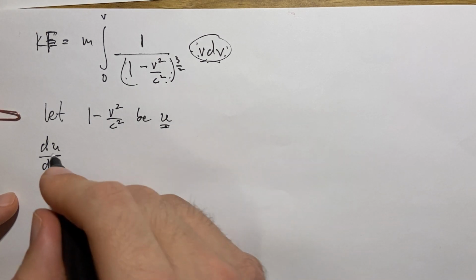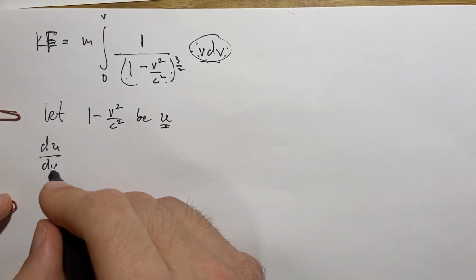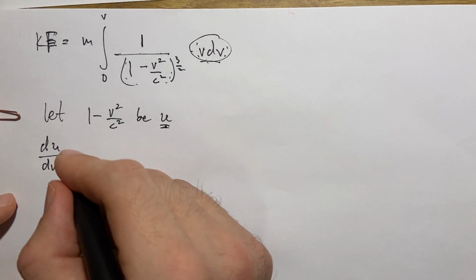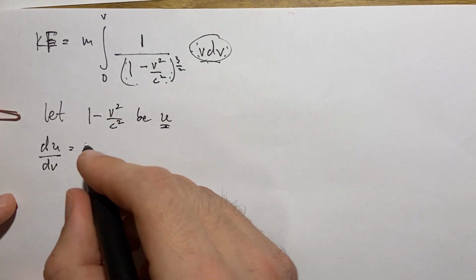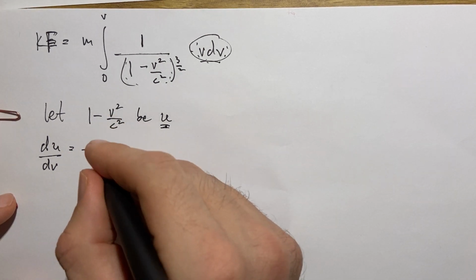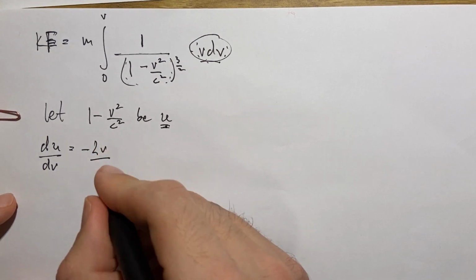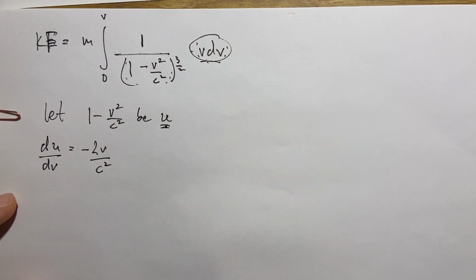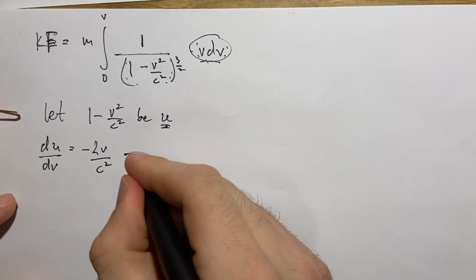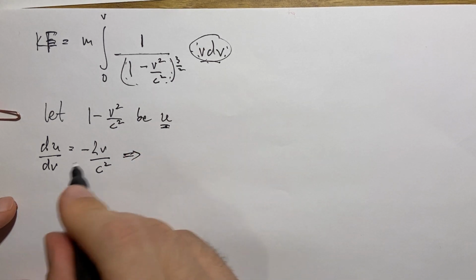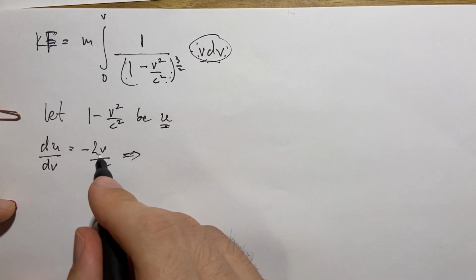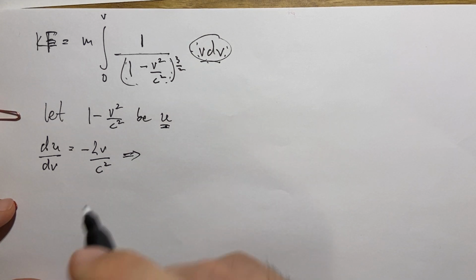All right, so what is du by dv? Well, the 1 is going away, so we will have minus 2v over c squared, right? And we can break out v dv from this expression.